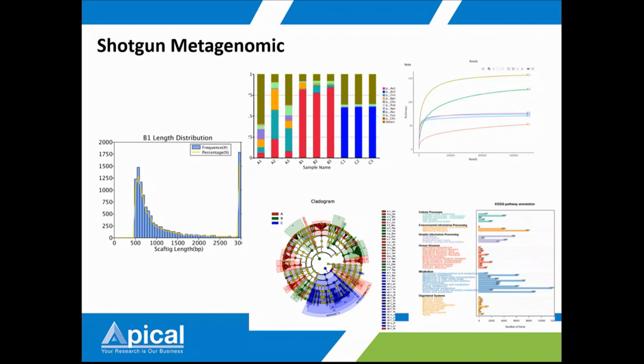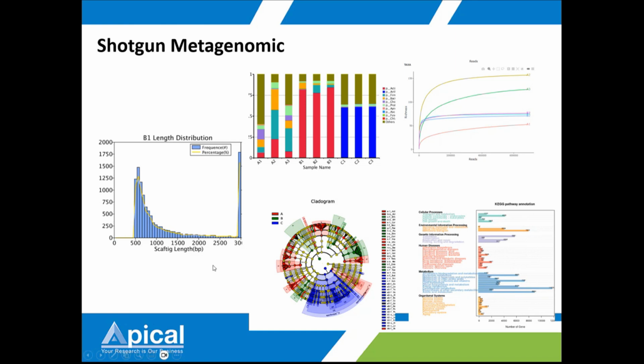From the scaffold of the assembly, next you can do the annotation, and from the annotation you can do taxonomy identification, as shown here. So you can identify which microbes might be present and which might be dominant in a certain condition. Right, and with multiple samples, you can do a comparative analysis. For example, in the LEfSe analysis, you can see which microbes might be dominant in the respective sample, right?